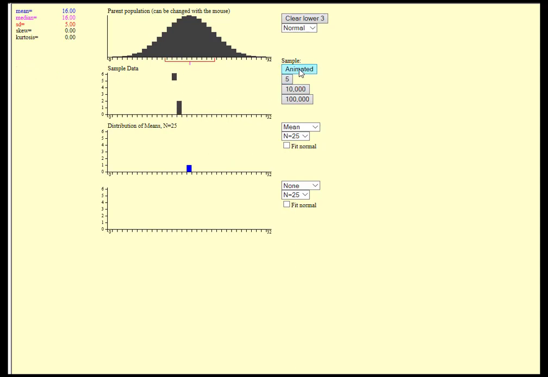Let me do another sample of the same size 25. This sample could have any random elements. So the other mean came out very close to this one. Similarly, you can repeat this process several times.